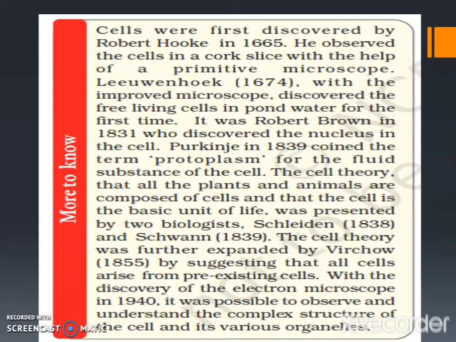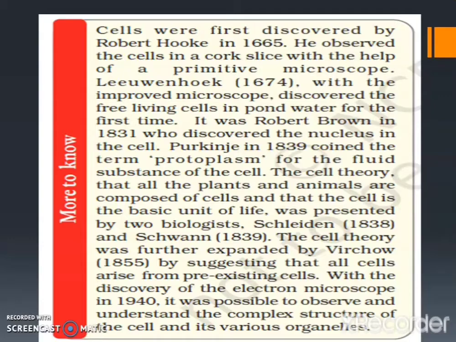Okay, and with the discovery of the electron microscope in 1940, it was possible to observe and understand the complex structure of the cell and its various organelles. Right? So I told you, after Robert Hooke there was not much development in the microscope to study the cell.